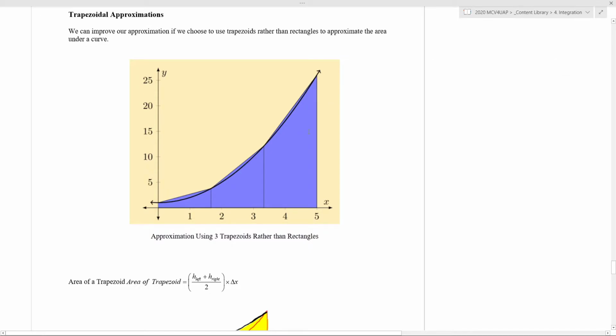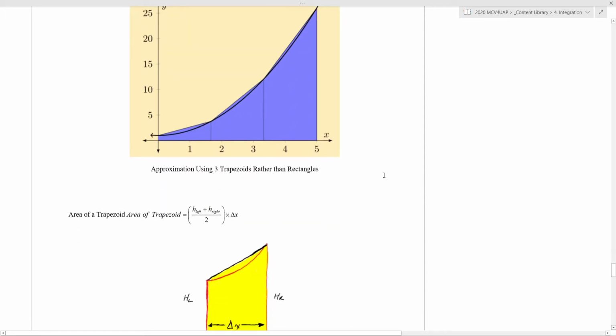You can see there on this slide, I'm approximating the area under that black curve there, and the shaded trapezoids are purple, and there are 3 of them. So you can see what the shape of a trapezoid looks like. What we're going to do now, because we have trapezoids, is add up the areas of the individual trapezoids instead of adding up areas of rectangles. Before we can do that, we need to know how to find the area of a trapezoid.